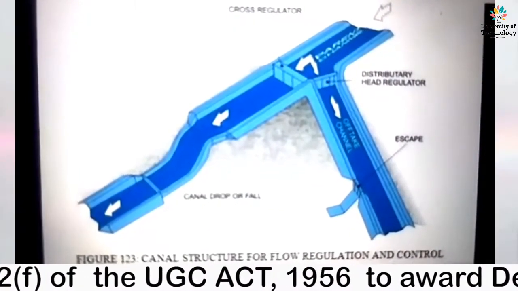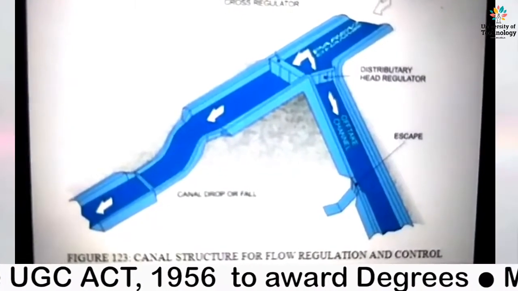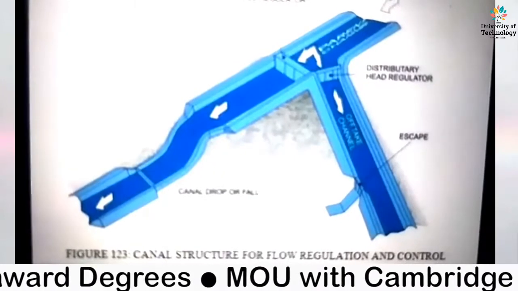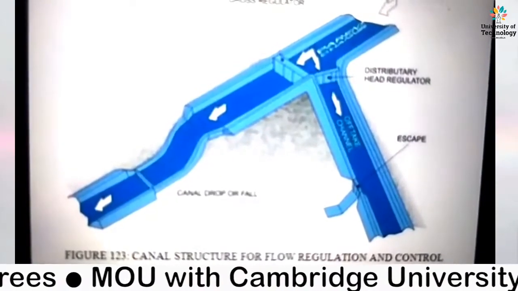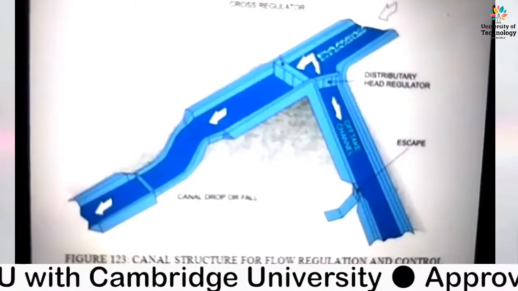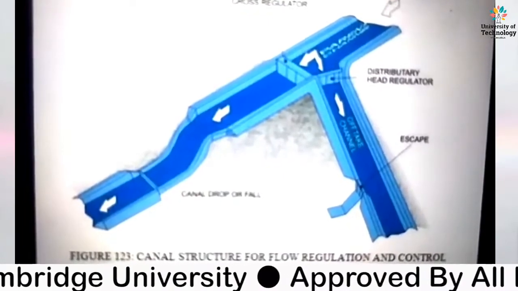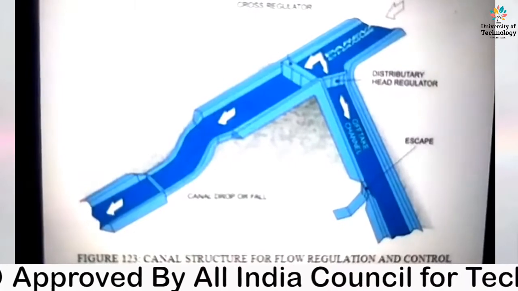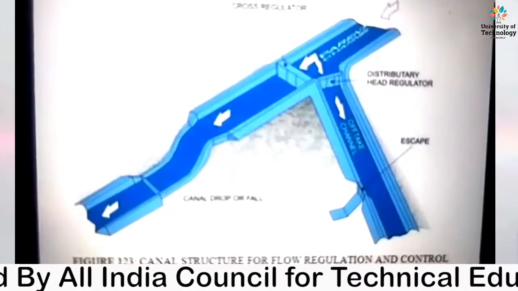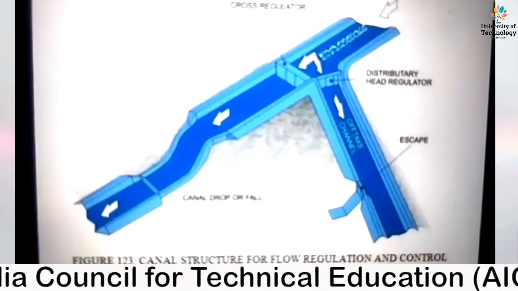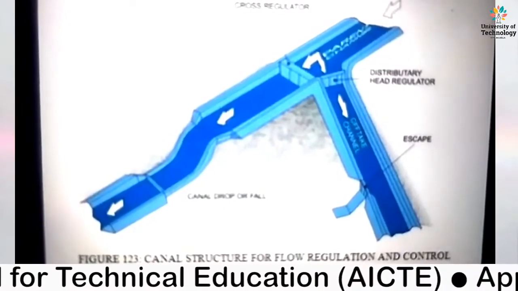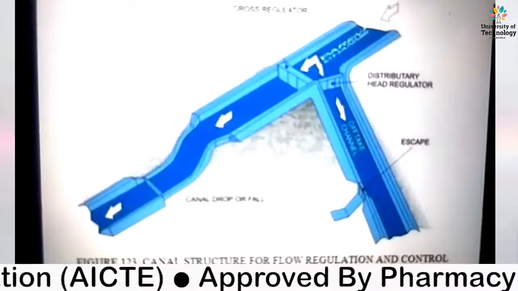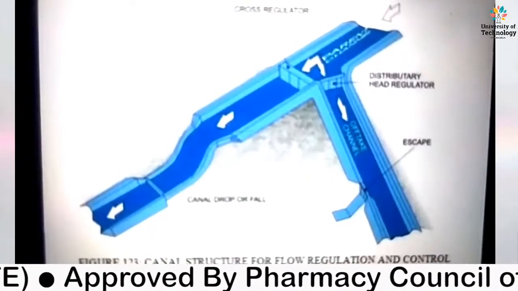Another picture shows canal structures for flow regulation and control. As you can see in this diagram, a cross regulator is made, and a distributary head regulator is also constructed against the flow of water, and the arrow shows the direction of flow.